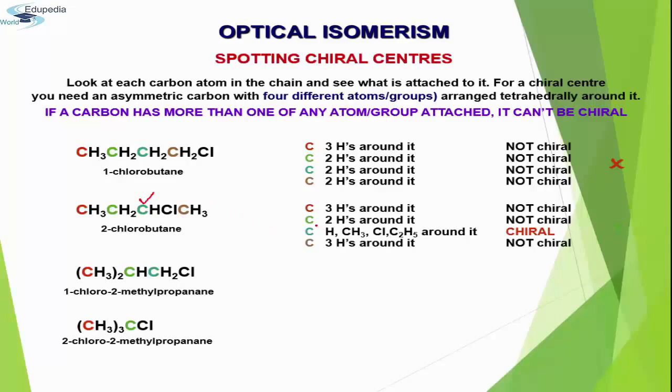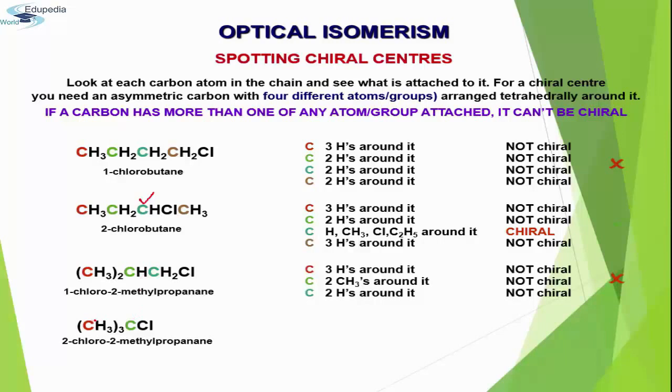So the third is having a chiral center because 4 different atoms or groups are attached to it. Further, this one is the same again, this carbon same, this carbon 2 hydrogens same, so not chiral. Again 3 methyl groups are attached to this carbon, so not chiral.